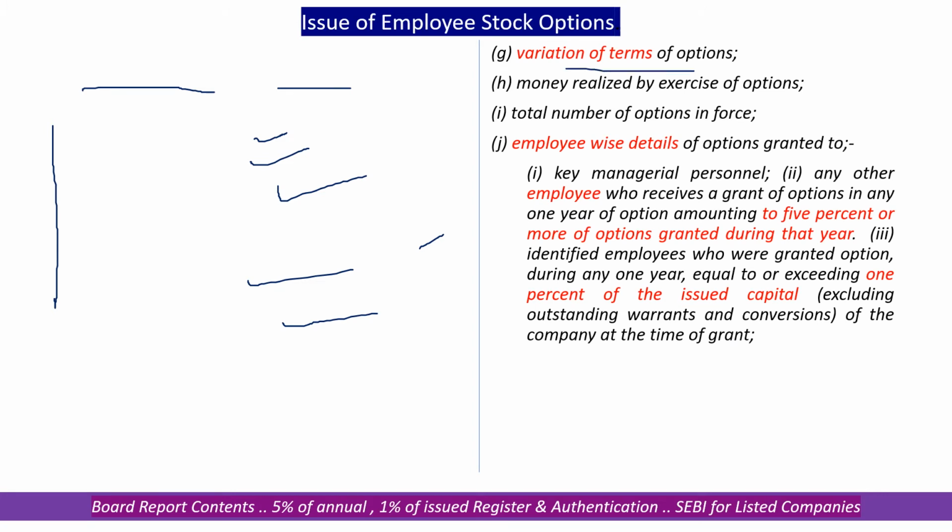Is there any variation in terms which was done? How much money was realized by the company? And how many options are still in force? Employee-wise details, and the grouping of up to 5% and grouping of 1% of the issued capital, the select few which is there.